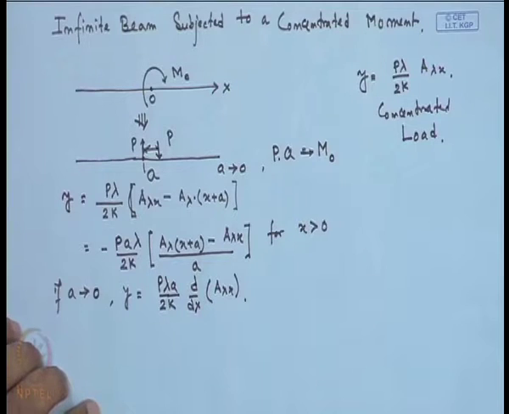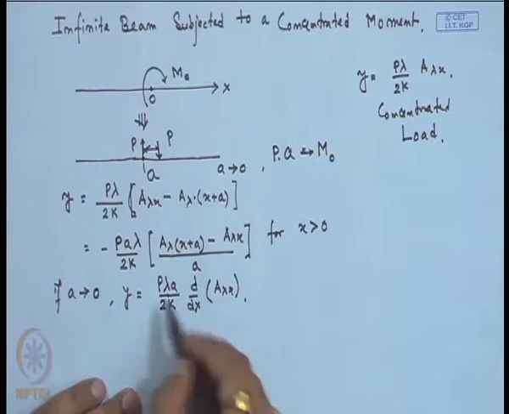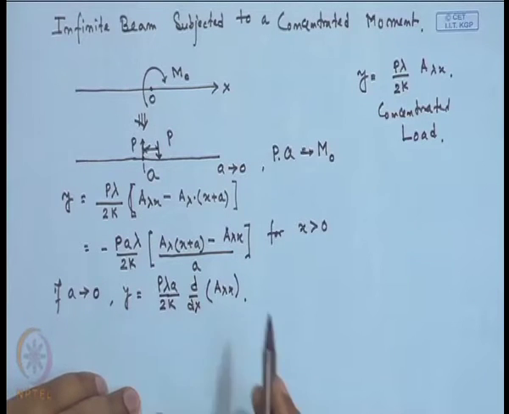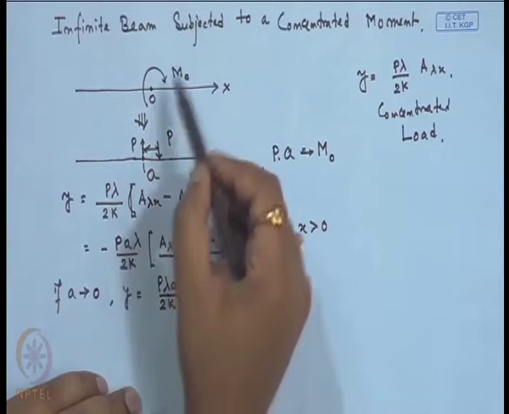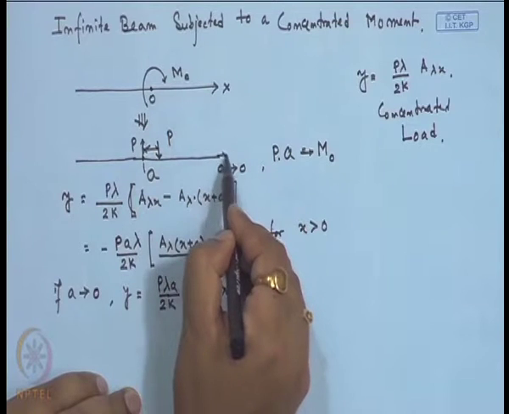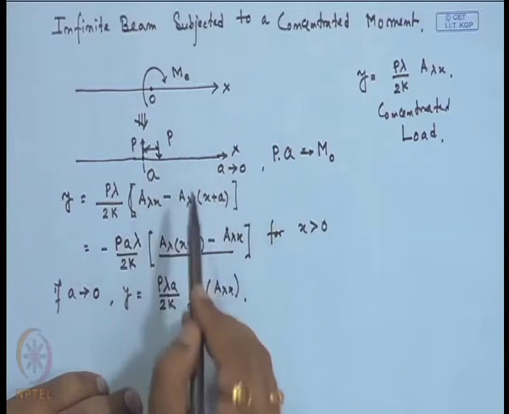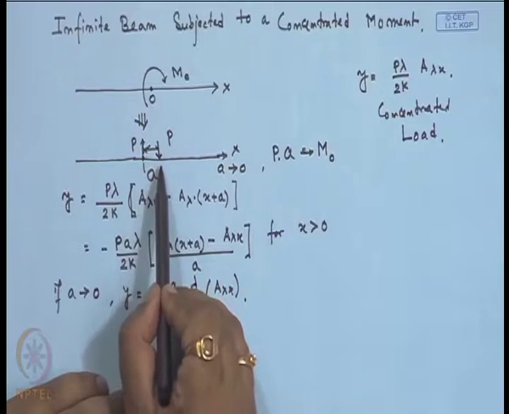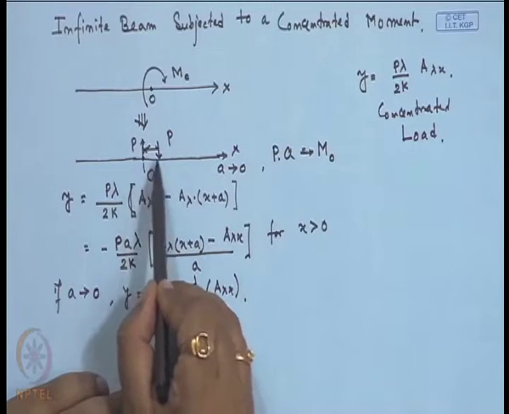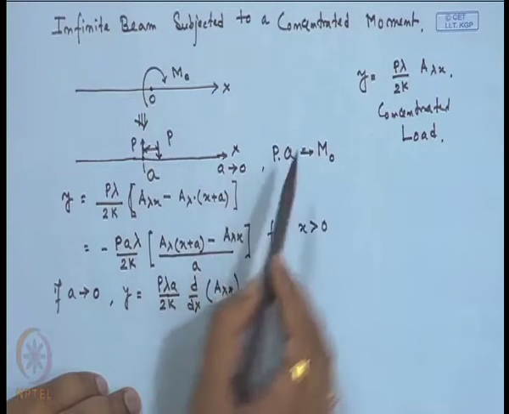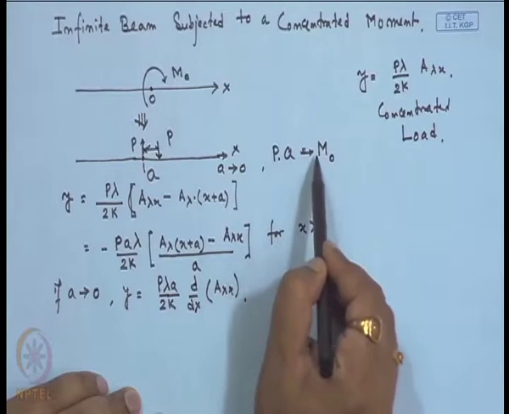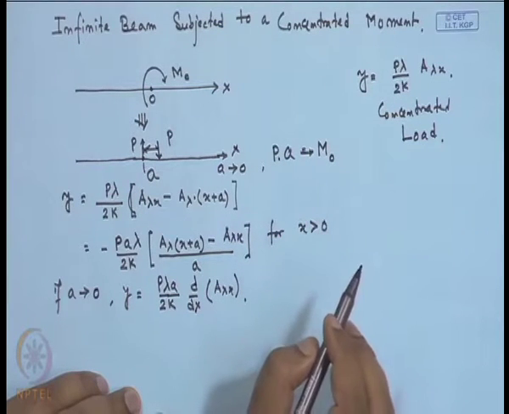The problem is now converted to a concentrated load problem, where the load is applied at a distance of a from the center. If a tends to 0, then P into a is close to M0.